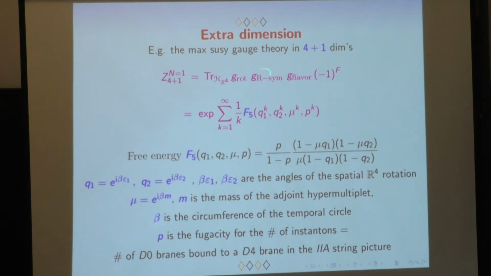So the theory which I'm studying here is the maximally supersymmetric Yang-Mills theory uplifted to 5 dimensions. In 4 dimensions, the theory has a deformation which preserves N=2 supersymmetry, which gives a mass to the adjoint hypermultiplet. In 5 dimensions, you can make this deformation by turning on the Wilson loop for the flavor symmetry.